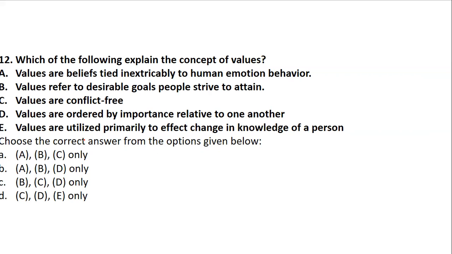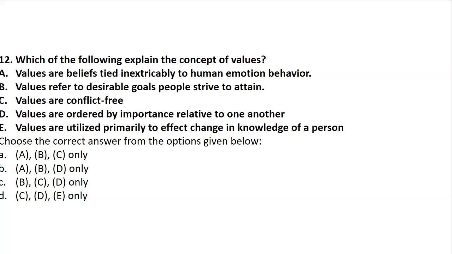So which of the statements stands correct when it comes to the explanation of values? I'll repeat, values are beliefs. If you want, you can read it on your own so that you will understand it much more clearly. Now, values are beliefs which are tied inextricably to human emotion and behavior.